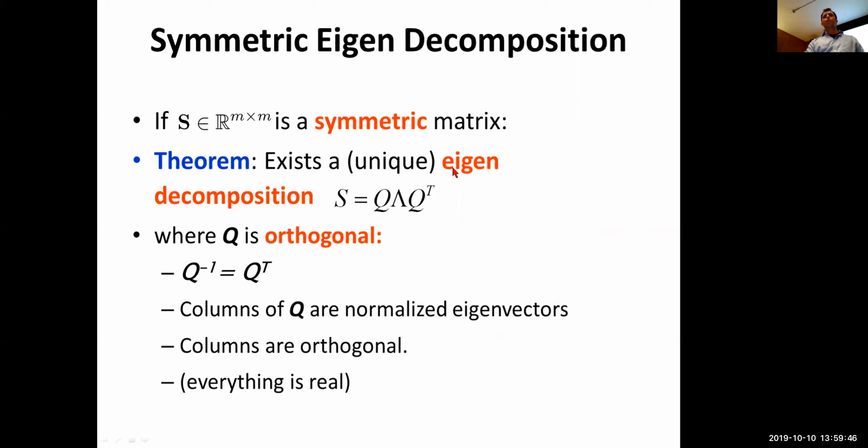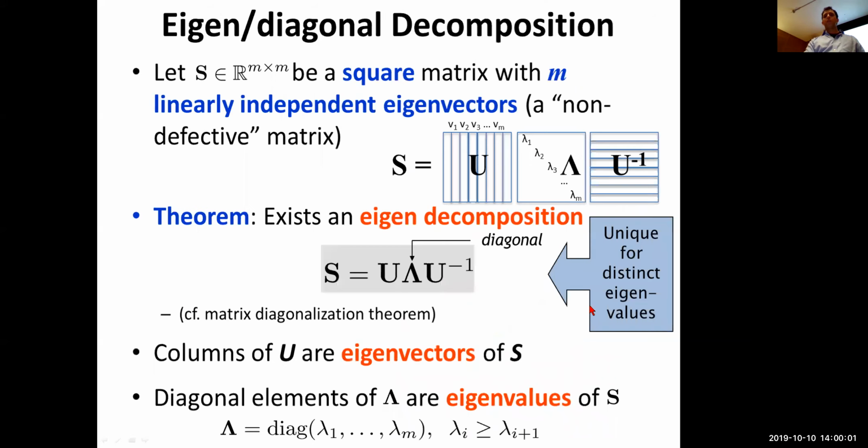Okay, so there exists a unique eigendecomposition Q lambda Q transpose, not just Q inverse, where Q is orthogonal and Q minus 1, the inverse of Q, is the same as the transpose of Q, and the columns of Q are normalized eigenvectors, and that's sort of where this diagram comes from. So with the symmetric eigendecomposition, I can have U and U minus 1 both be the eigenvectors of the matrix S.